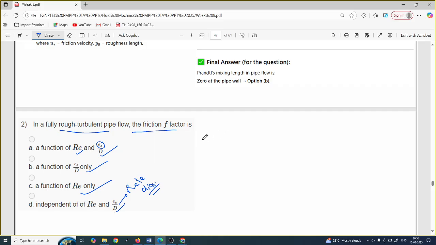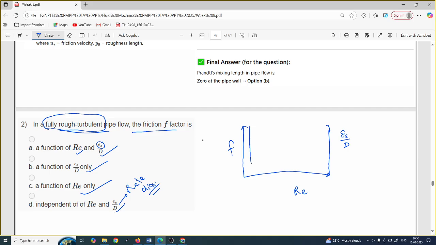So in the fully rough turbulent flow, again, this is a very important question. Here is your friction factor, on this axis your epsilon s by d, and here is your Reynolds number.